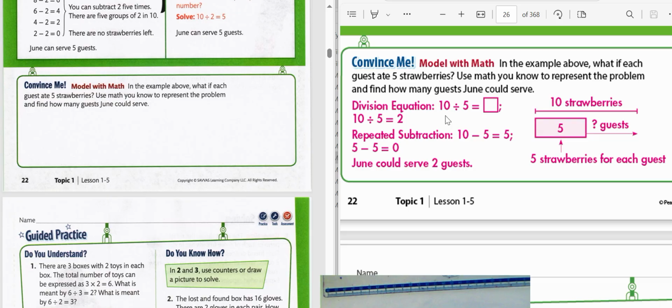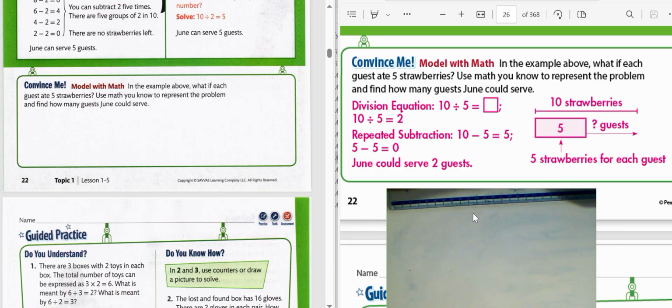Here we call this 10 the dividend and 5 the divisor, and the quotient will be 2. 10 divided by 5 equals 2. You can draw this. We have 10 strawberries and 10 divided by 5 equals what? 10 divided by 5 equals 2. Understood? Then you can write minus 5 equals 5, and then 5 minus 5 equals 0. Then 10 divided by 5 equals 2.